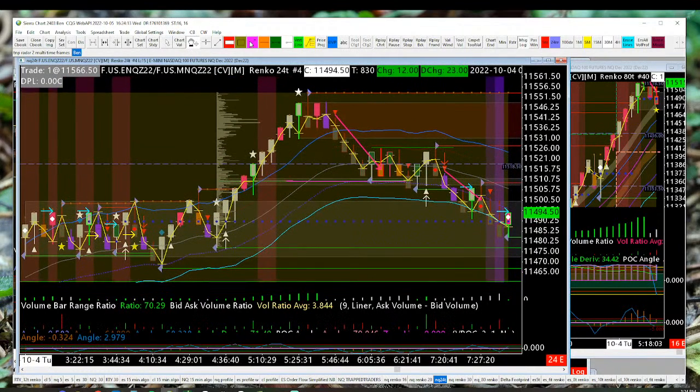Right there. So if I was short here, I'm already taking profits because I got through this VPOC, and I know that the volume here, if you remember, was right at that blue line or so.